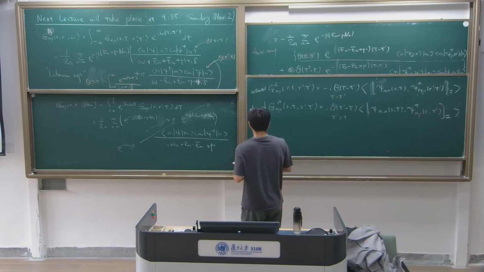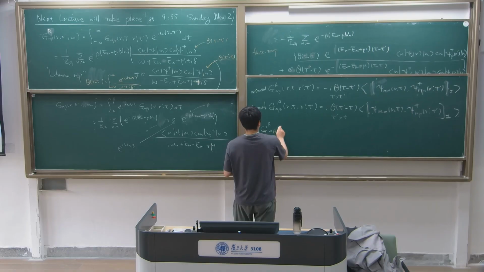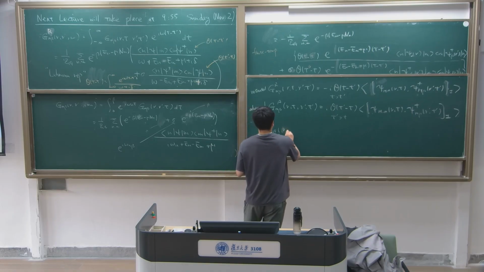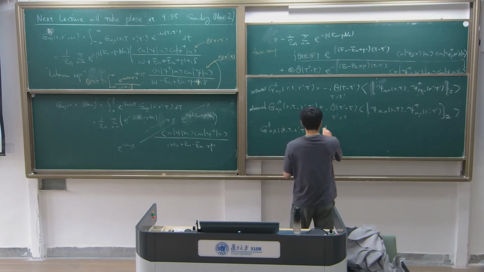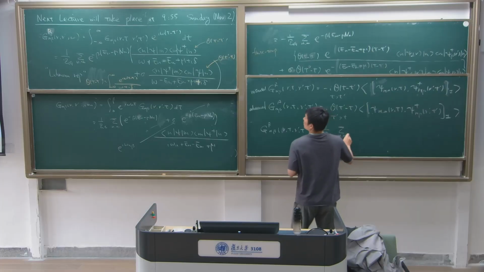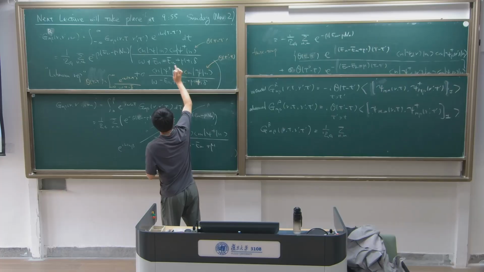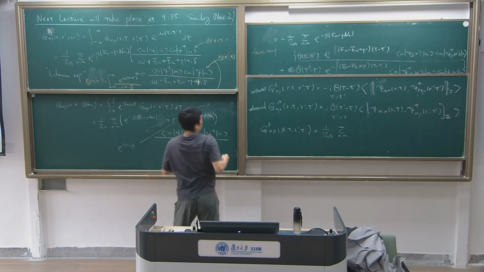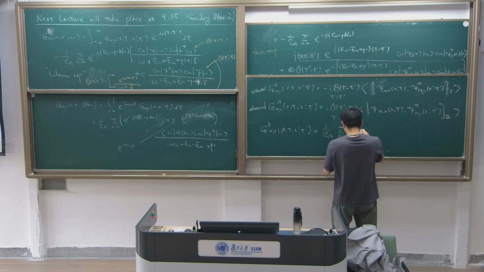So this G^R(t, t prime) can be repackaged in the following, nicer way. Here you just rename m as n, and n as m. Then you can repackage it into a very simple form.